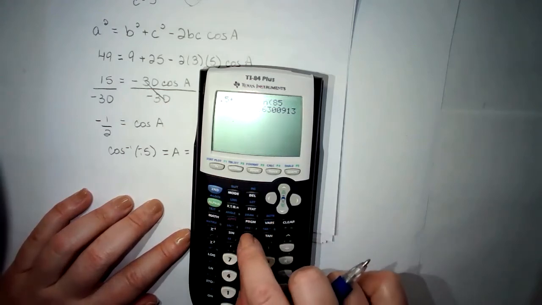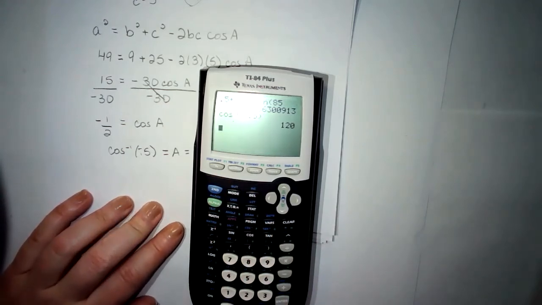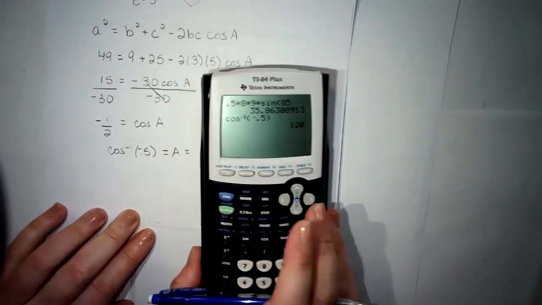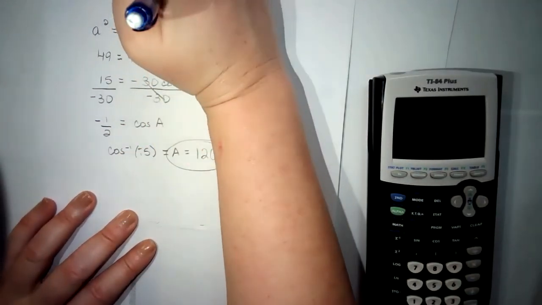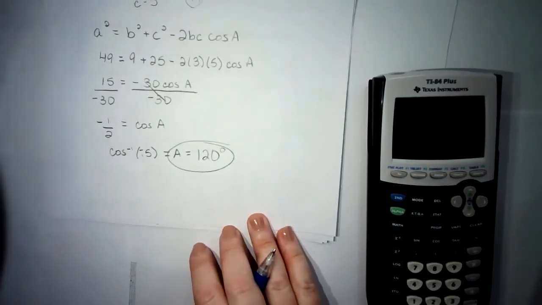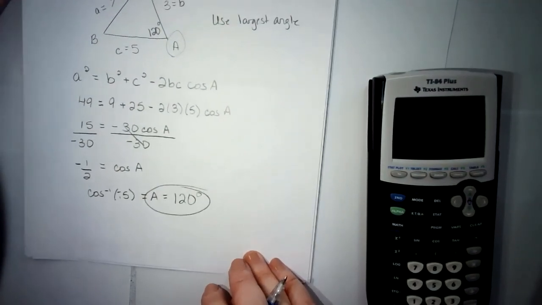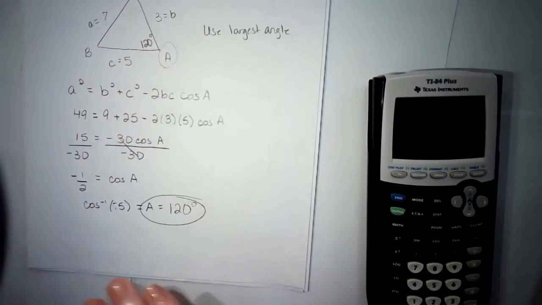I'm going to do inverse cosine of negative 0.5, and I get 120. Okay, awesome. There we go. All right, now that I have A, when I go back, sorry, I wrote so big. When I go back, I now have all the information for A.